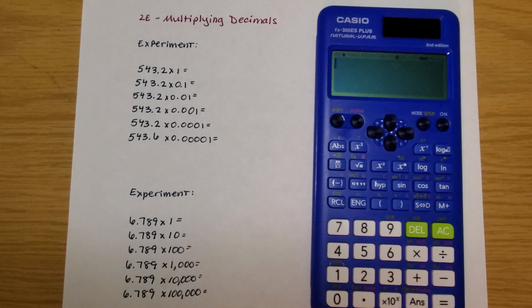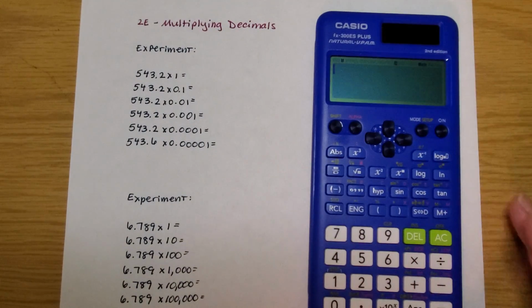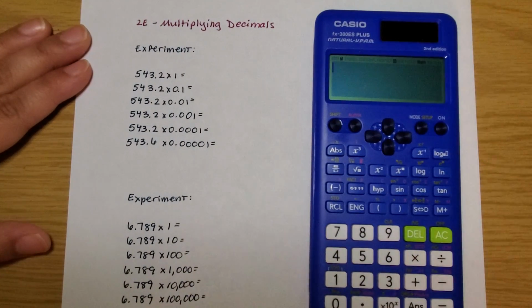So what mathematicians do when they try to expand a process that they already have for something they know is they start to experiment with the unknown and look for patterns, see if there's anything familiar or different going on, and see what they can do with that. So that's what we're going to do here, and we're going to use this calculator to assist us in this process. So the first thing that I'm going to do is take this number.